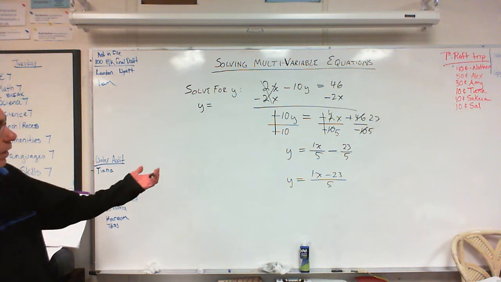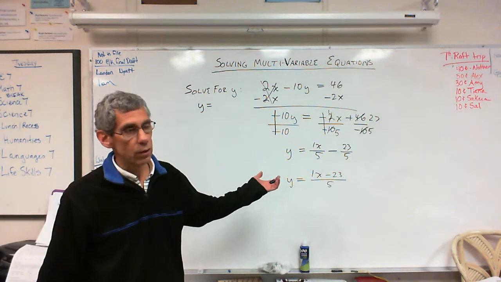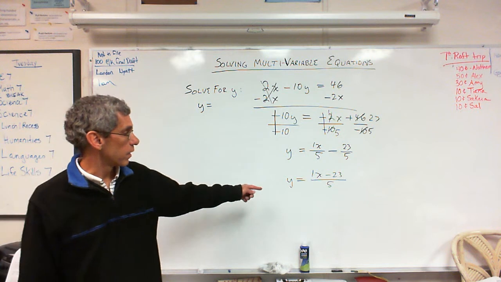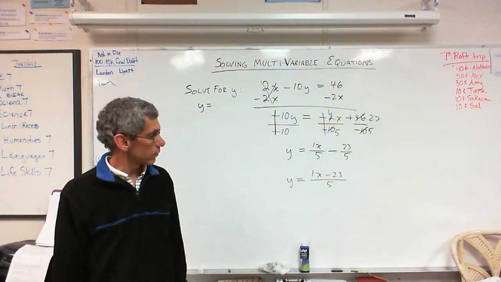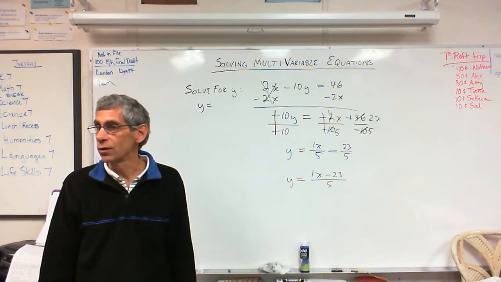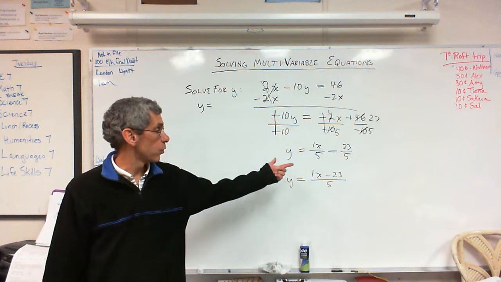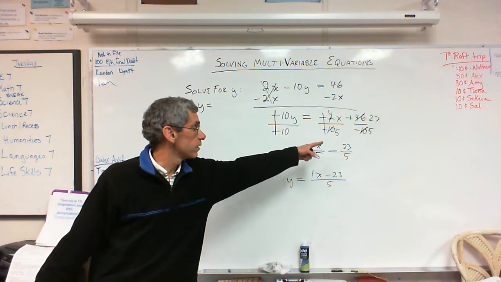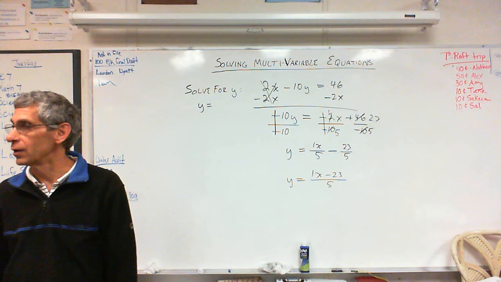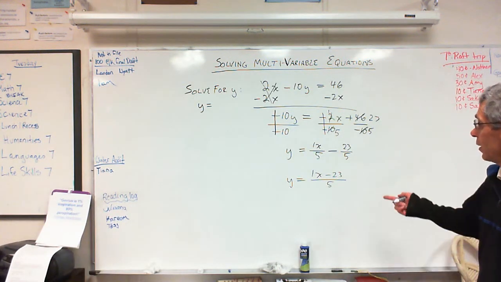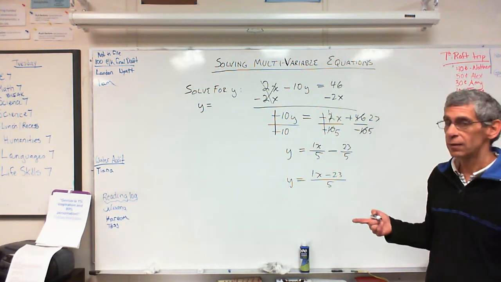You could do 1x over 5 minus 4 and 3 fifths. Yeah, that would be totally fine. But it just seemed more fun since I noticed that we had the same common denominator. I put both of these things in the numerator and just had one denominator. So I have one fraction. Okay, so that is how you solve for y.